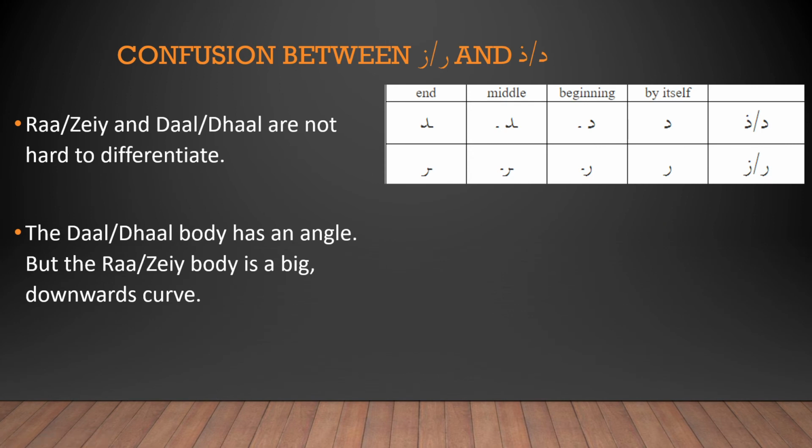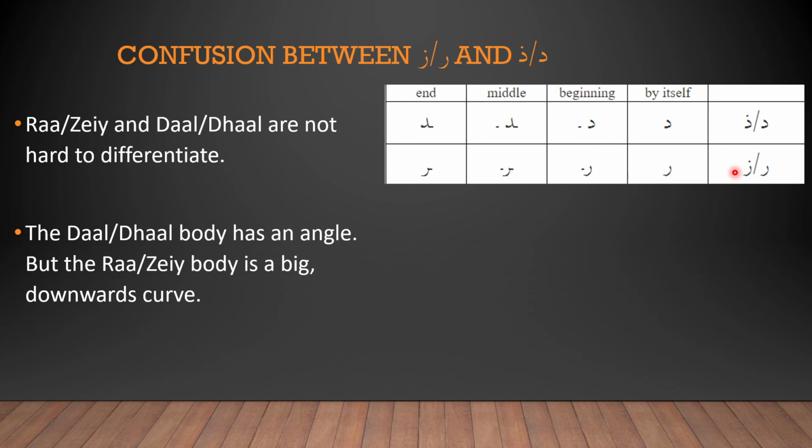Many students have the confusion of Dal, Zal, Ra, and Zay. We have seen that Dal, Zal, Ra, and Zay have many similarities. One of them being that Zal and Zay share the same English equivalent, Z. Also, other similarities can be seen as Dal and Ra have no dots, and Zal and Zay have the same dot in the same position.